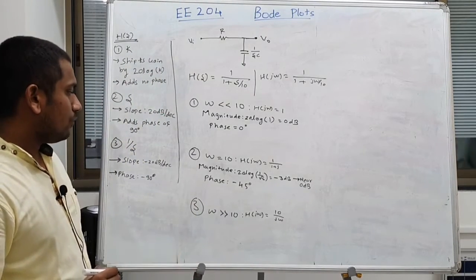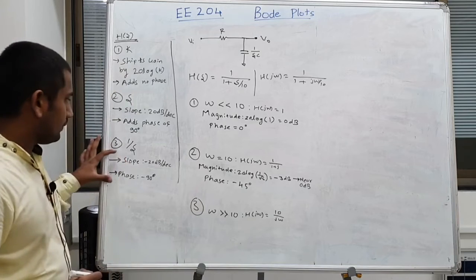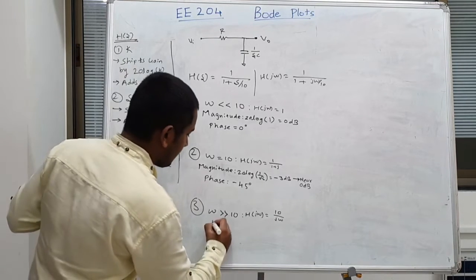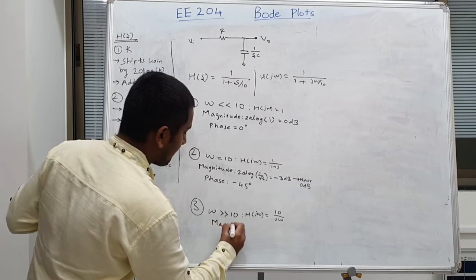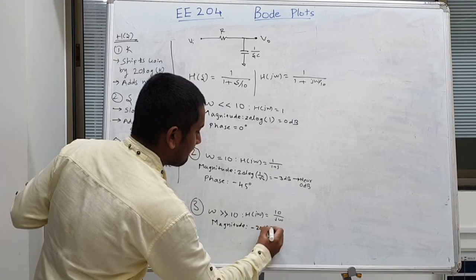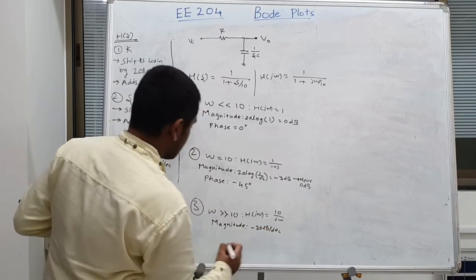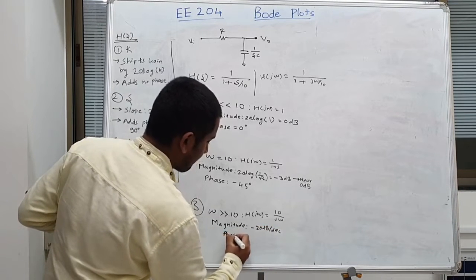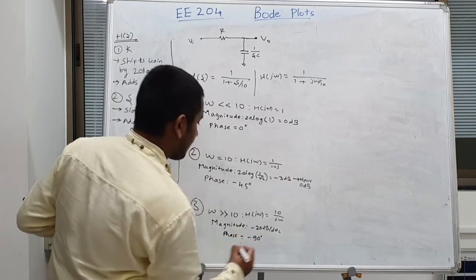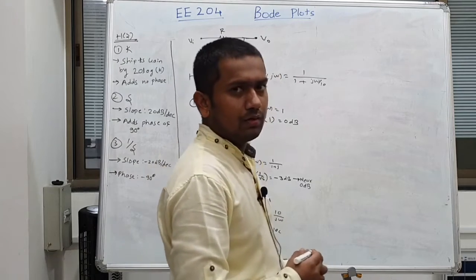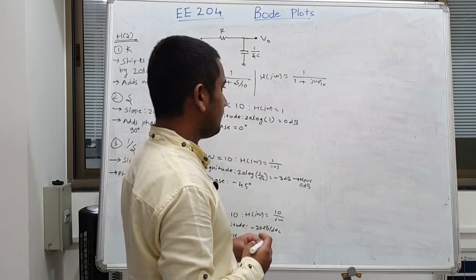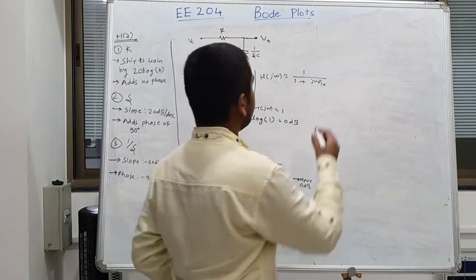And now we can take the knowledge of a pole from here and we can say that the magnitude has a slope of minus 20 dB per decade and a phase of minus 90 degree. Now with this understanding, we will draw the magnitude and phase Bode plot.